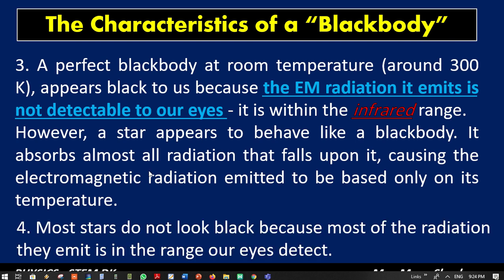Most stars don't look black because most of the radiation they emit is in the range that our eyes detect. We see the sun shining, not as a black body and not black in color, but we see the radiation emitted from them by our naked eye.